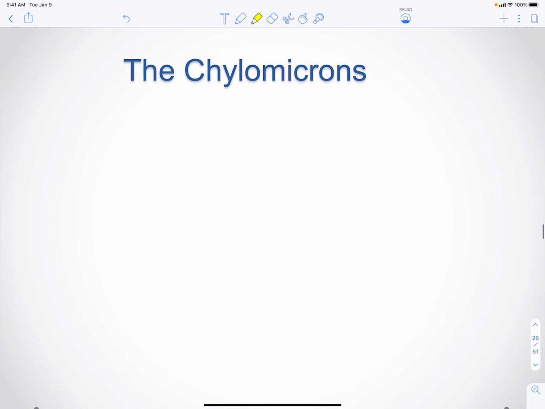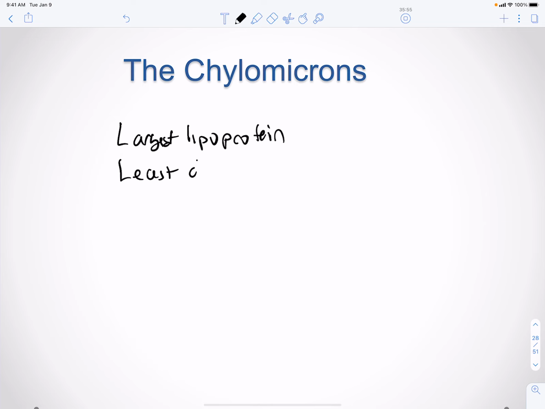So just really fast about the chylomicrons, we talked about these already. They are the largest lipoprotein. They are the least dense, because they're rich in TAGs, not so much in other components like cholesterol.